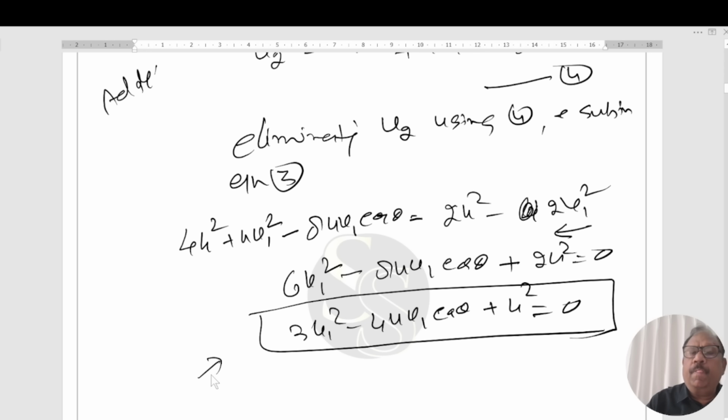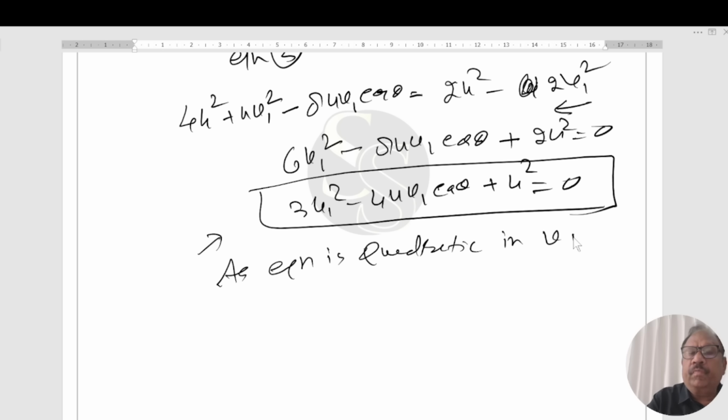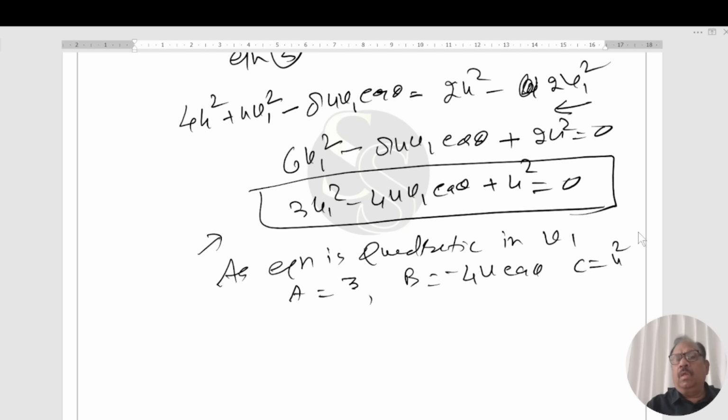On solving, as the equation is quadratic in v1, a equals 3, b equals minus 4u cos theta, c equals u square.